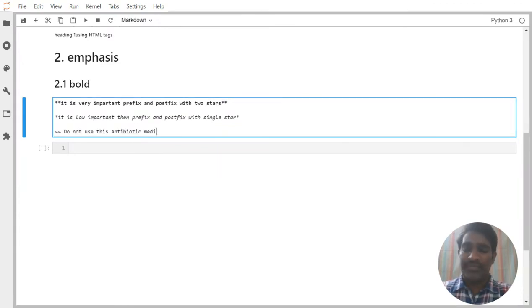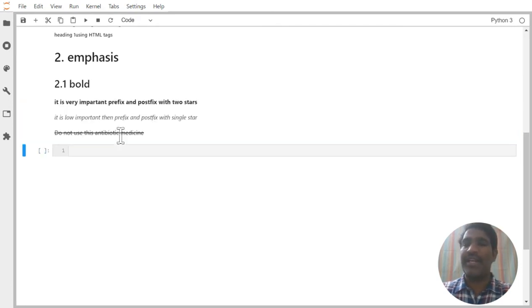When I write something like that, it automatically comes as a strike through. You should not leave any spaces. If you leave spaces, you won't get any strike through. Generally doctors suggest don't use too many antibiotics. Only use it if it's surely required. That's what we mean by striking out. Don't use it, something like that.